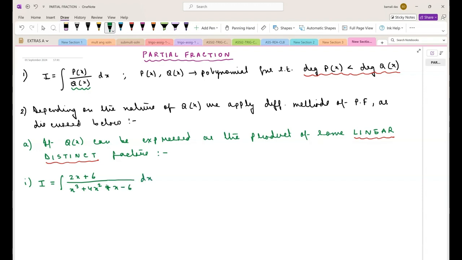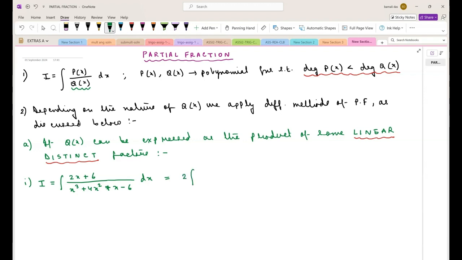So first of all, we observe here the degree of the px, that is numerator, is 1 and degree of denominator is 3. So the required condition has been satisfied. But before proceeding, we also observe that we can take a 2 common. So this is very specific to this sum. You may not be able to do so in other sums. So since it can be done here, let us do it.